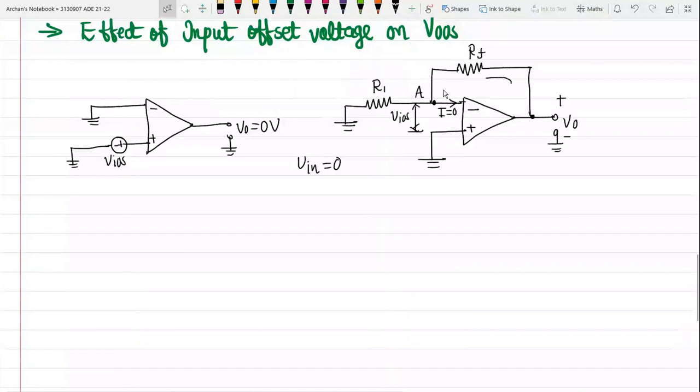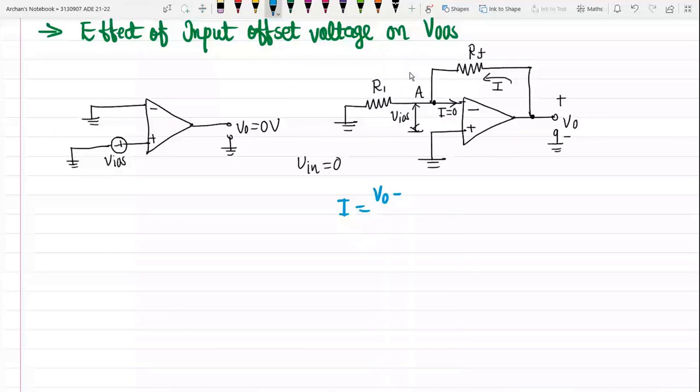Okay, so current is flowing in this direction because of the potential difference at this point and point A. So at this point, what is the potential? V0, and at this point, potential is VA. Okay, so I will be equal to V0 minus VA divided by feedback resistance RF.